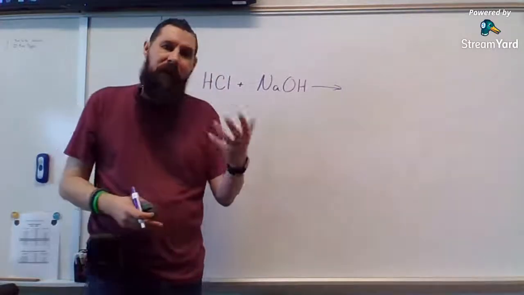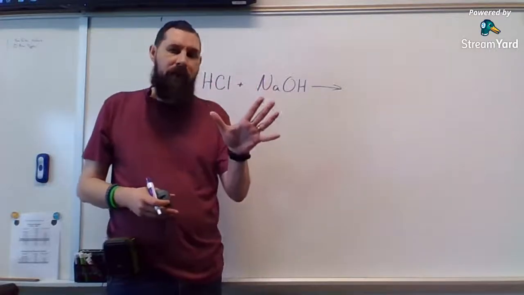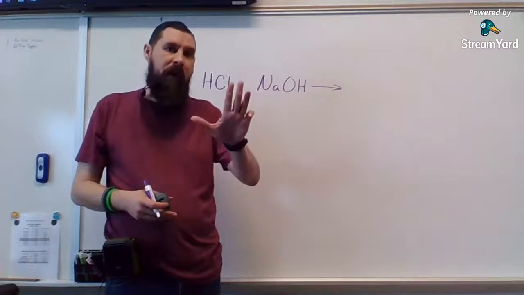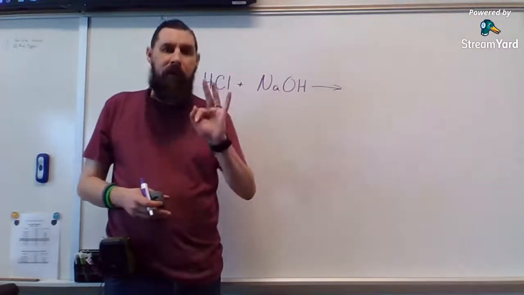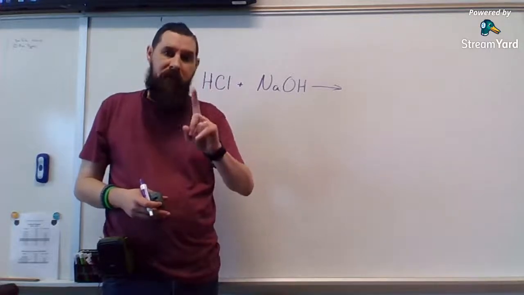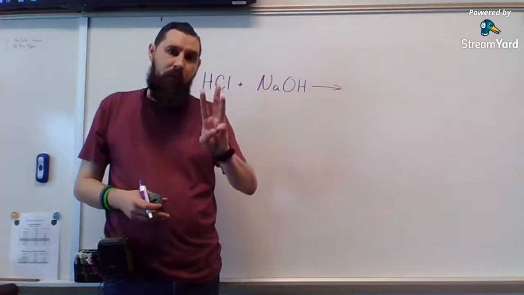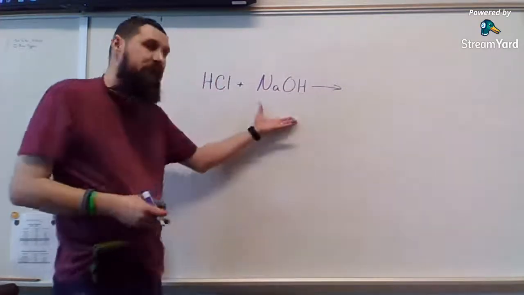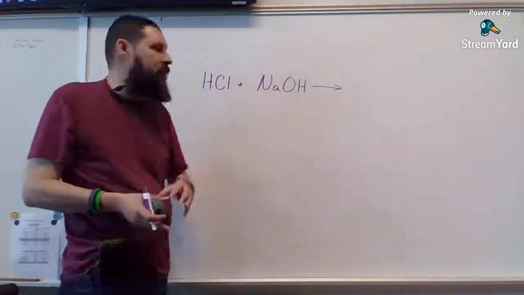You go on into advanced sciences, what you'll learn is that the 5 general types of reactions, synthesis, decomposition, combustion, and then single displacement and double displacement, what this video is on, actually fall into 3 categories: precipitation reactions, acid-base reactions, and what's called redox reactions, or oxidation reduction. So this is an acid-base reaction that follows the criteria of a double displacement.